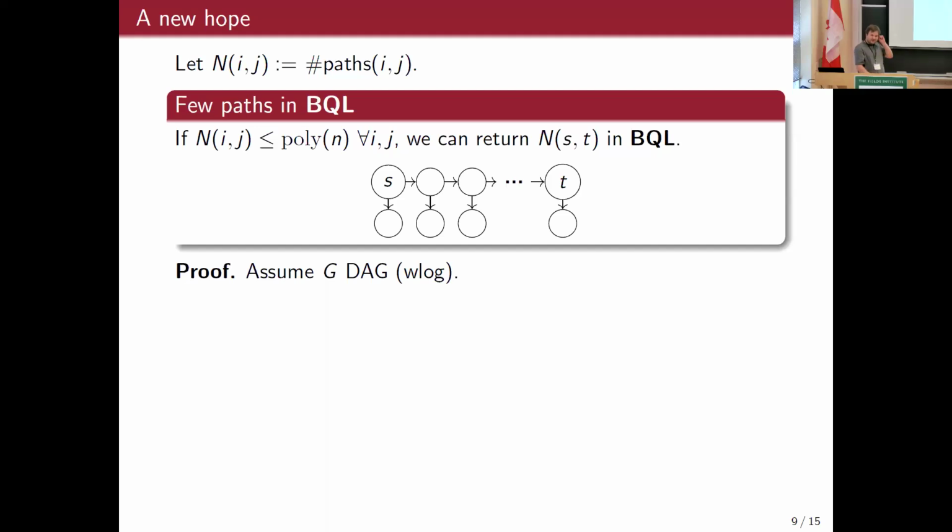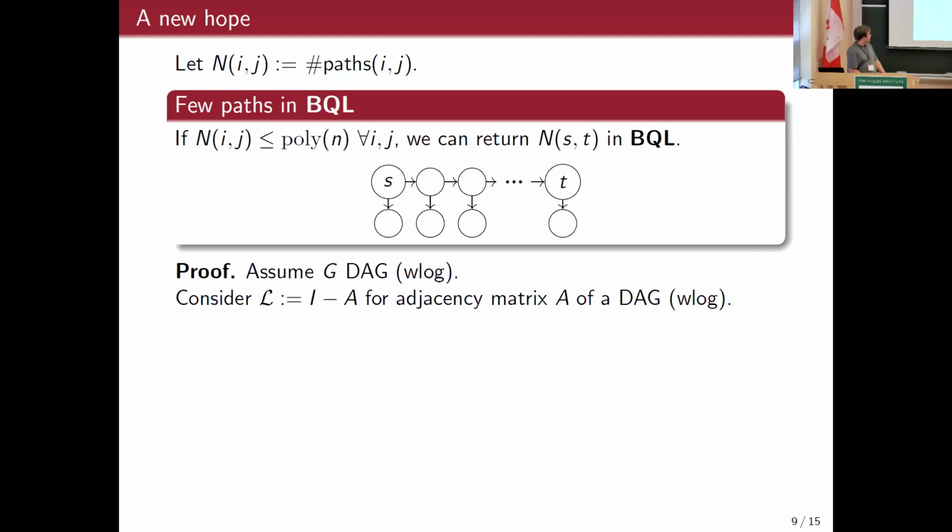First of all, we can assume without loss of generality that we are given a directed acyclic graph. Otherwise, there's a well-known reduction that any possibly non-DAG can be reduced to a layered graph, which is guaranteed to be a DAG. And then we look at the following matrix L, which is the identity minus the adjacency matrix.